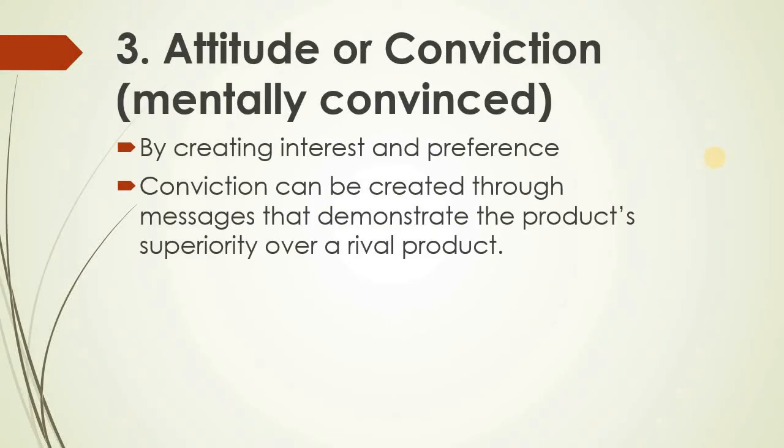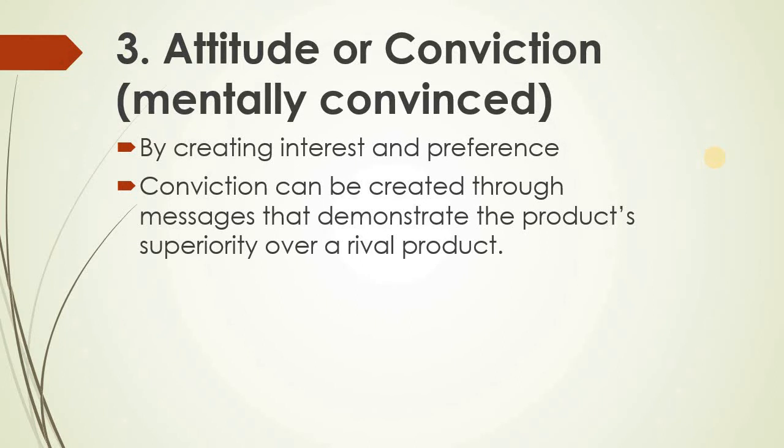Attitude, or conviction. You should be mentally convinced. I should be convinced that I'm going to buy that product, or I am satisfied about the product. Attitude or conviction can be developed by creating interest and also various preferences in the product. Conviction can be created through messages that demonstrate the product superiority over a rival product.